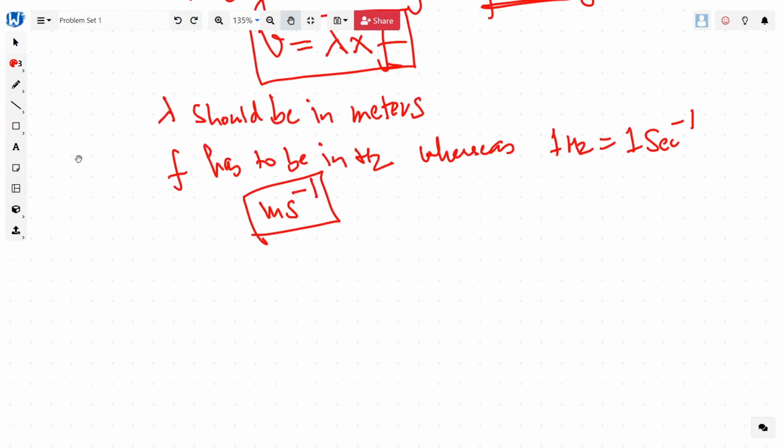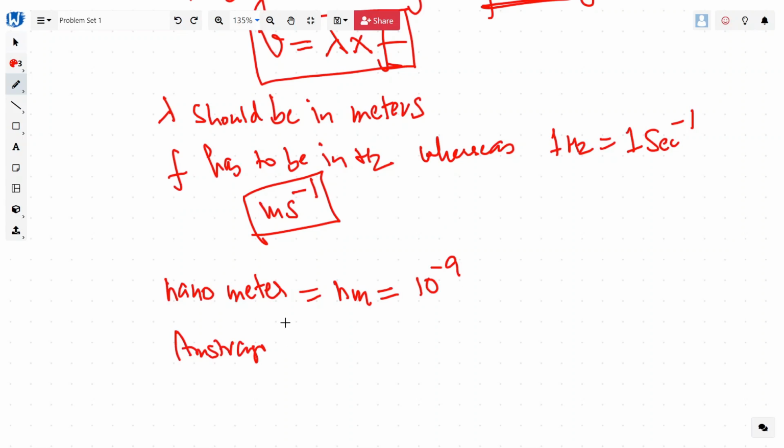Now let's define nanometer, where 1 nanometer or nm is equal to 10 to the power minus 9 meters, as well as Angstrom, which is 10 to the power minus 10 meters.